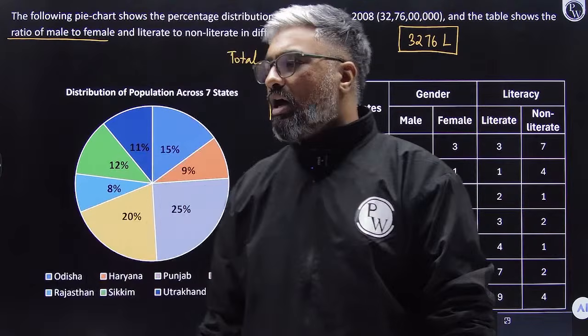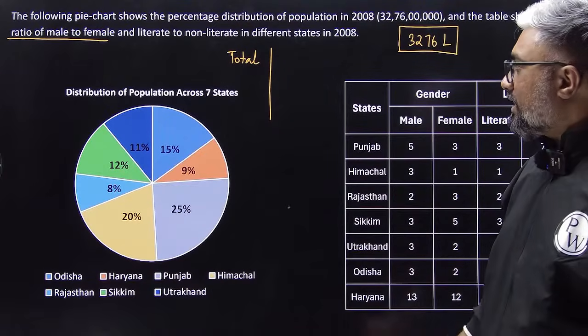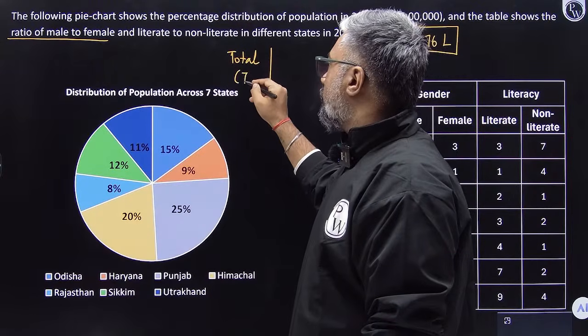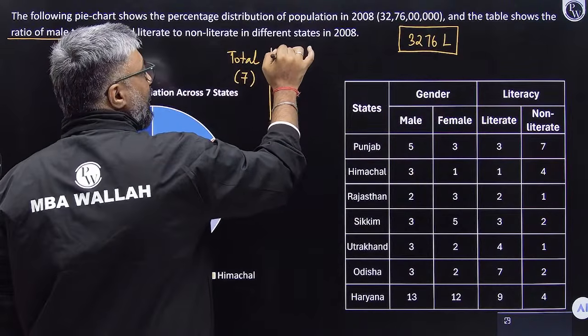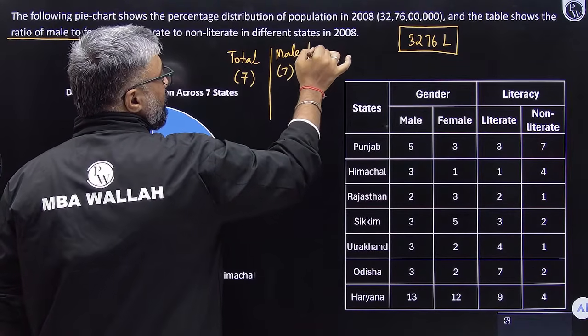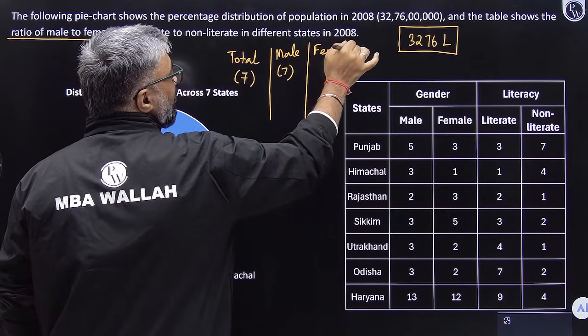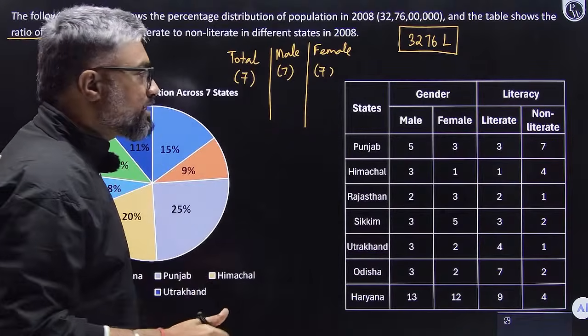How many states do we have? 2, 4, 6, 7 states are there. So for total, I have to do 7 calculations. For male, 7 calculations. For female, 7 calculations. Even if it is just subtracting, still 7 calculations.